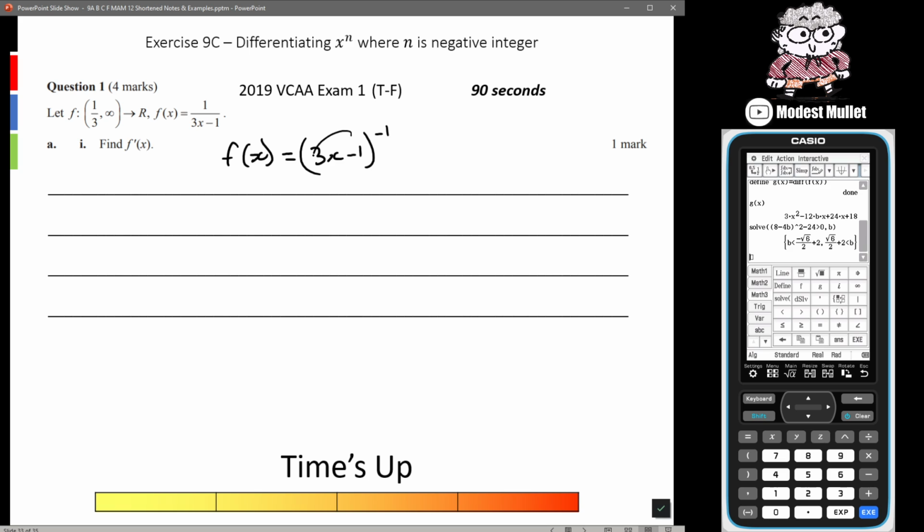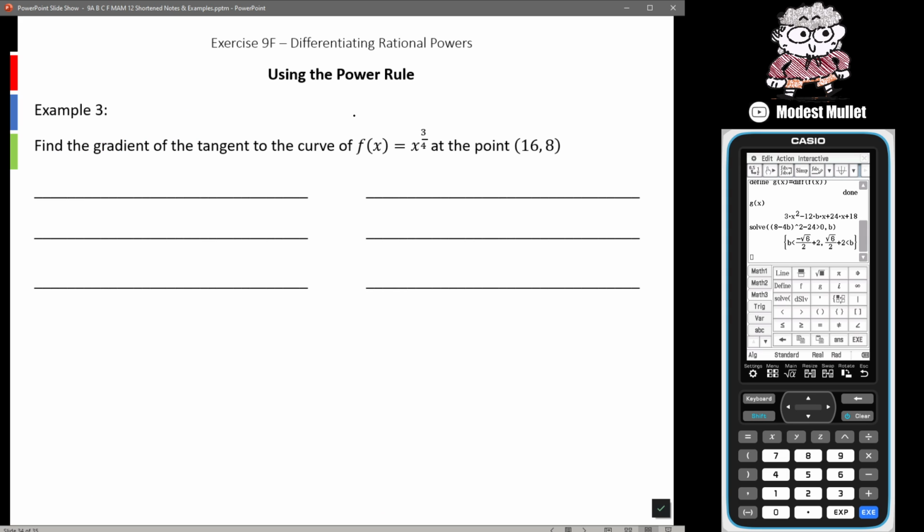This is technically a function inside a function, so my apologies, you won't be able to do this one yet. Tech free, so you couldn't even just jump on your calculator, even without knowing chain rule. So we'll leave it for now.